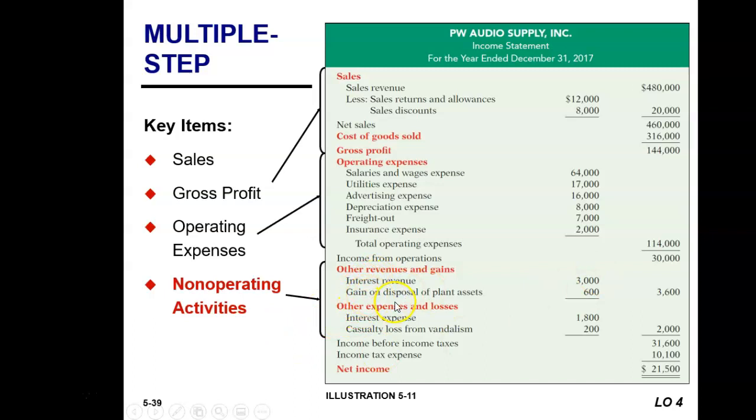We have gain on disposal of a plant asset. This means that we sold a plant asset, maybe equipment, machinery, or a building. It was sold for a price higher than its book value. We recognize a gain. We have an entire chapter that will teach us more about how to determine a gain or a loss on disposal of a plant asset.